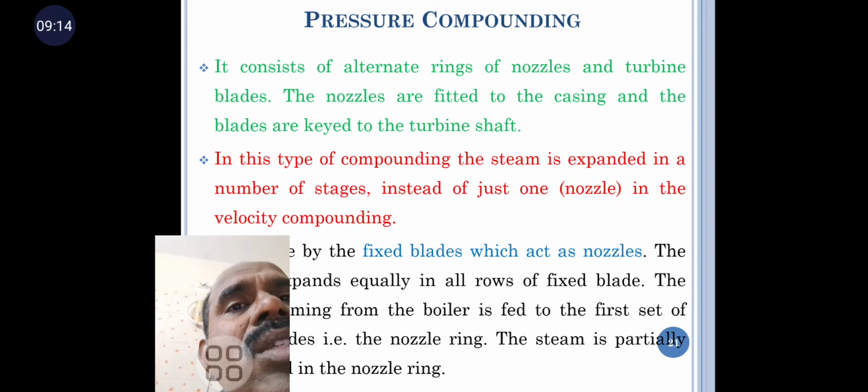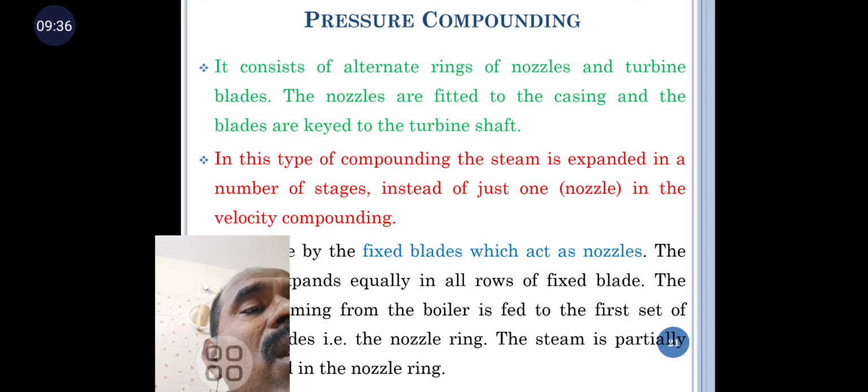Next one, we will discuss pressure compounding. It consists of alternate rings of nozzles and turbine blades. The nozzles are fitted to the casing and the blades are keyed to the turbine shaft. In this type of compounding, the steam is expanded in a number of stages instead of just one nozzle.